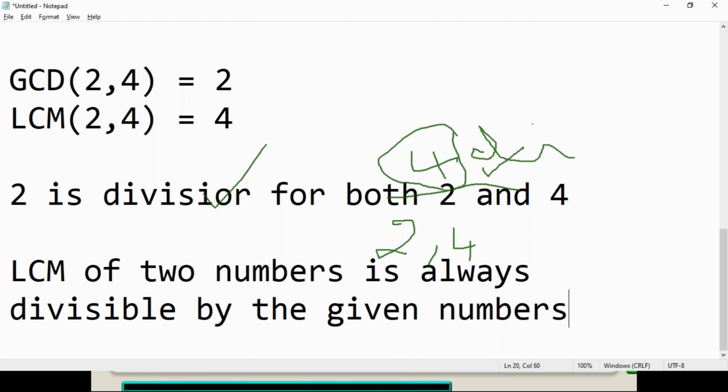Compulsory. LCM is in the numerator. LCM is always divisible only. LCM is in the numerator.